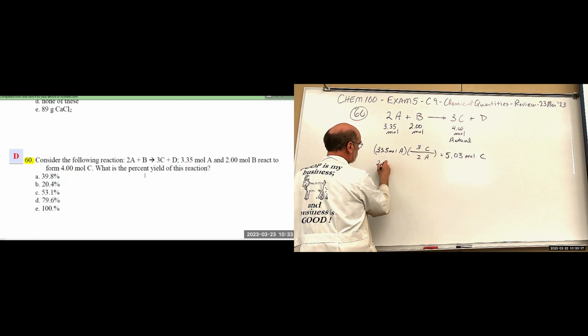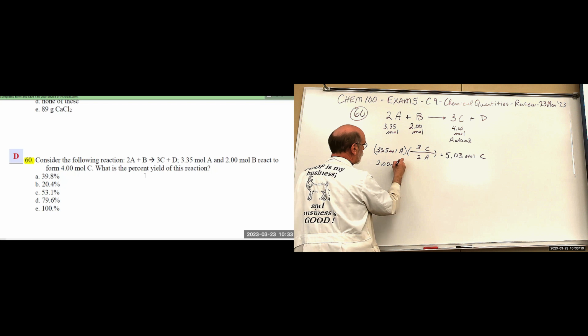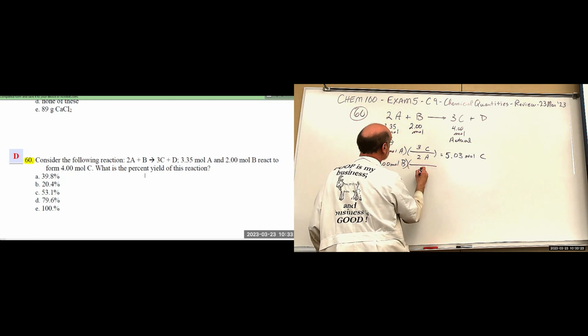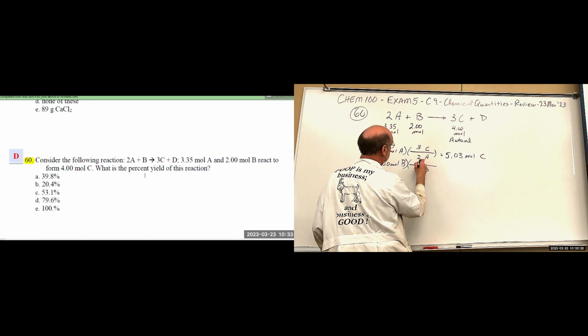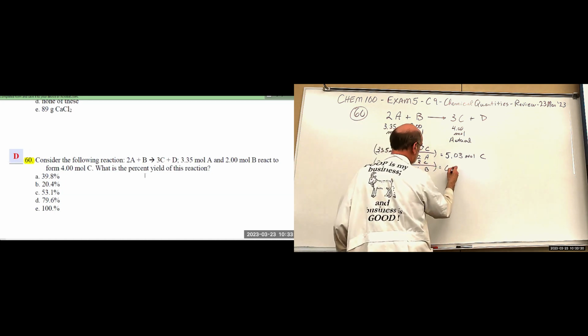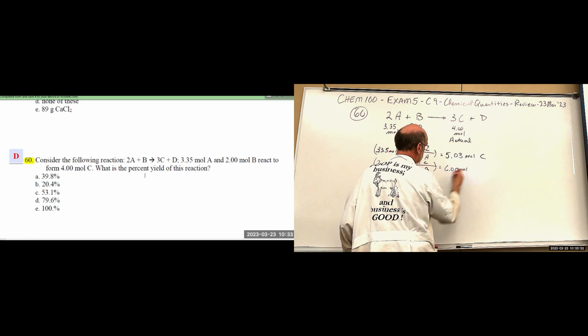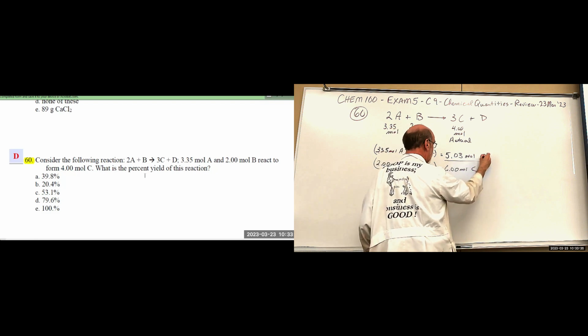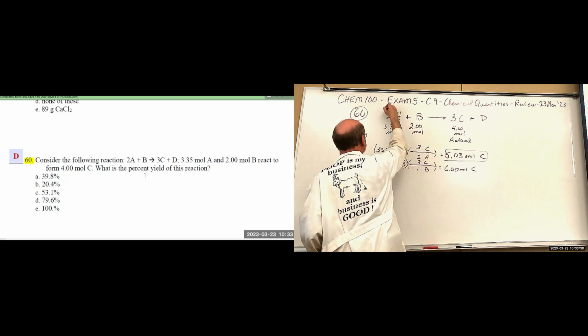How about this one? Moles of B would produce what? 1 B here and 3 C here. So 3 times that would be 6. Right? This is the limiting reactant right here, limiting.